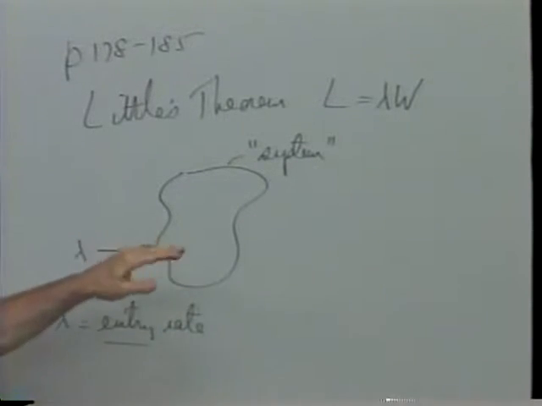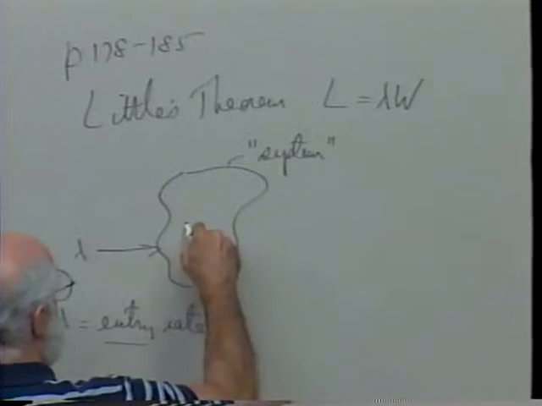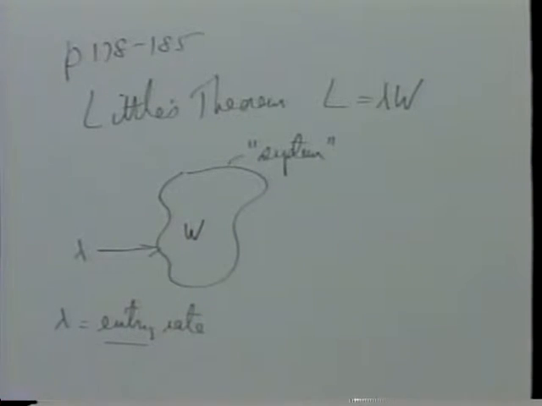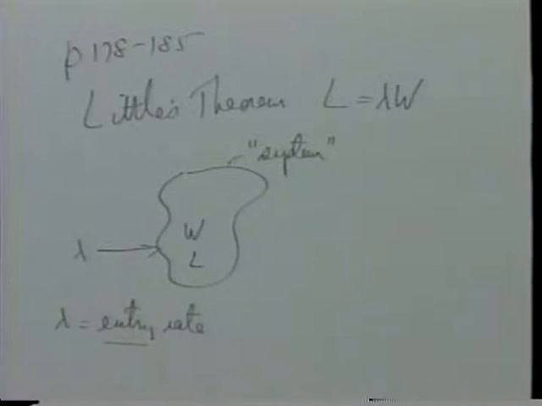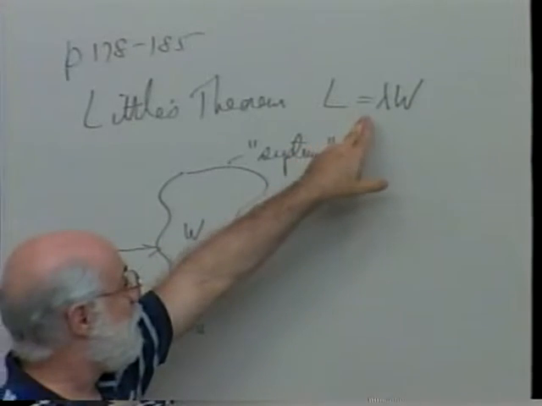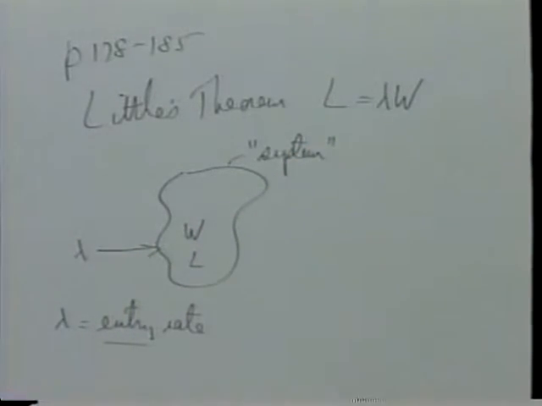And they enter the system, they stay there a while, and then they leave. And while they're there, the average time they spend, by definition, is W. And the average number of customers present is L. And Little's theorem says that L, lambda, and W, assuming that they exist, are linked that way.